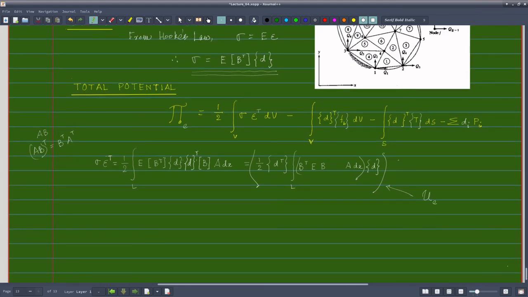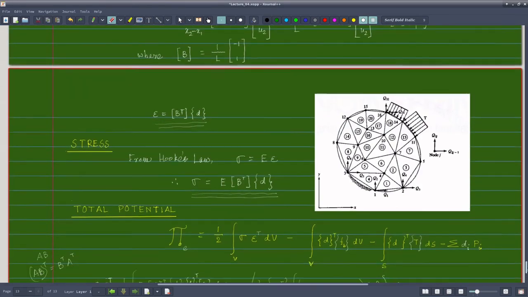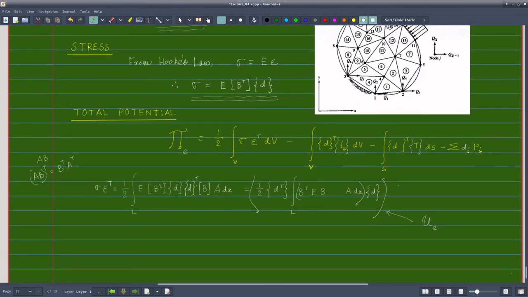All right, now let us find this dx in terms of d xi. We have already got dx in terms of d xi.